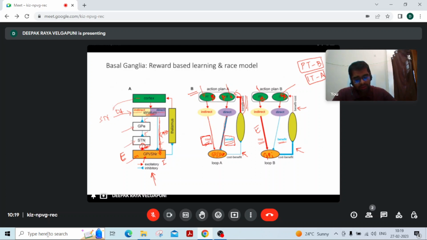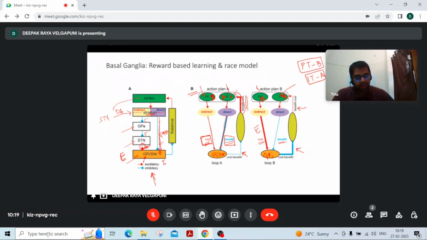On the other hand, if you're selecting plan B, there is high excitation to the GPI nucleus in this indirect pathway, and since it is excited, the inhibition to the thalamus is also activated, this cost-benefit becomes low, and therefore the other action is selected.